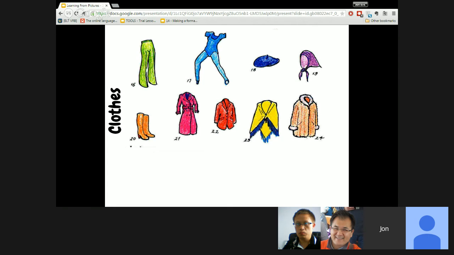And what do we call number 19? What would you call that thing? Some people from Arabic countries like to wear this kind of item.